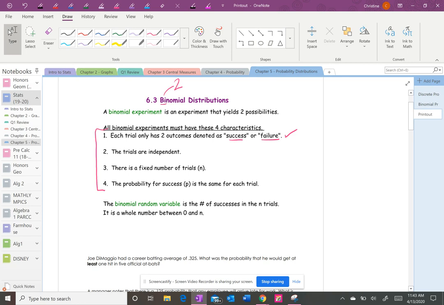So it has to be two separate things that are conducted. There has to be a set number of trials. So you have to say exactly what is the probability of exactly 6 out of 10 people watching this lesson. And then the probability for the success has to be the same for each trial. So for example, flipping a coin, the probability that it's going to be heads is always 50%.